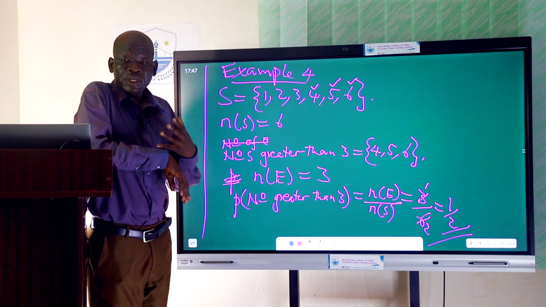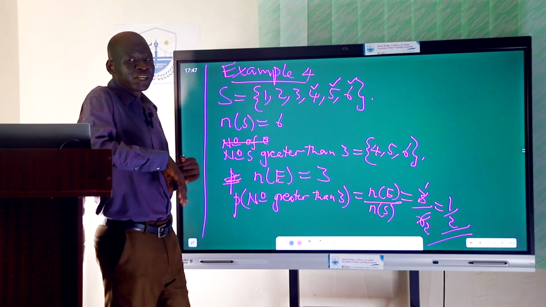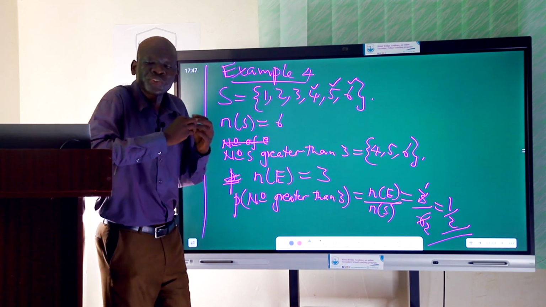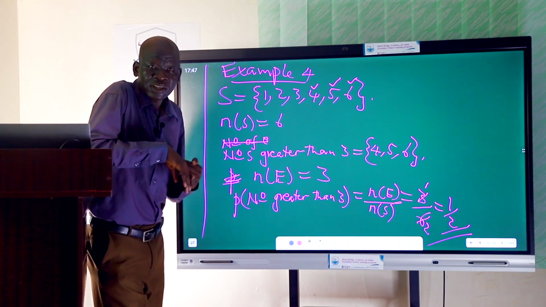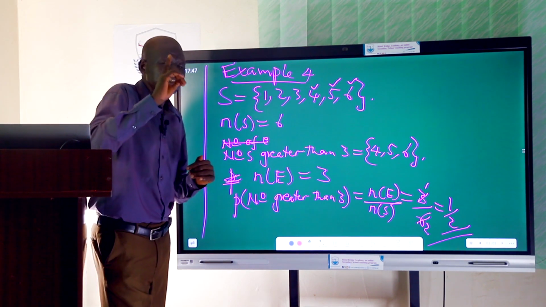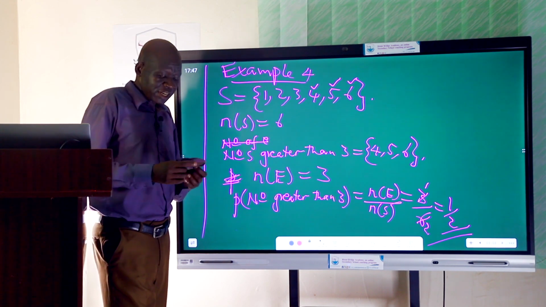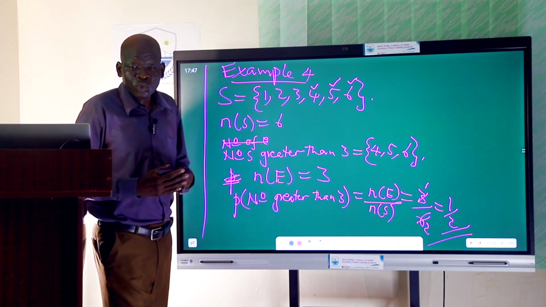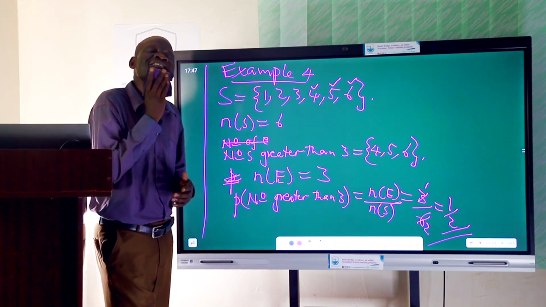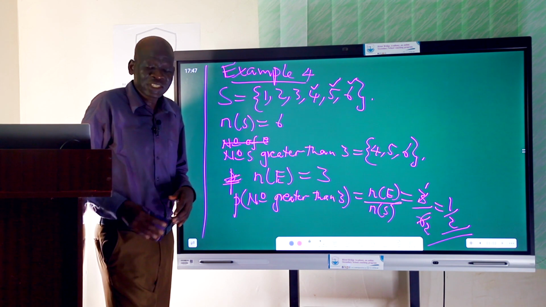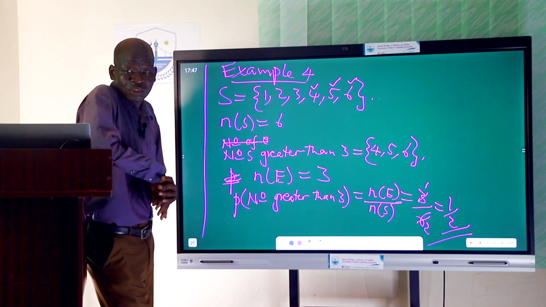When we talk of a certain event, it is the event that you are sure of. When you are sure that something is going to occur, then its probability is equal to 1. But when you are not sure, or when an event is impossible, that is to say, when it cannot happen, then its probability is equal to 0.